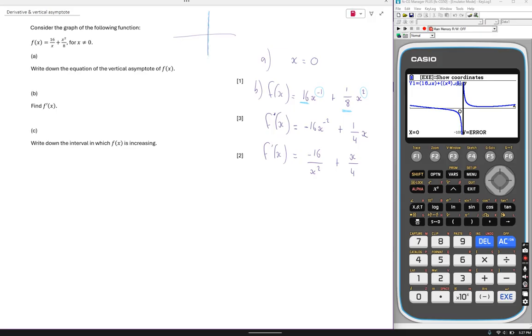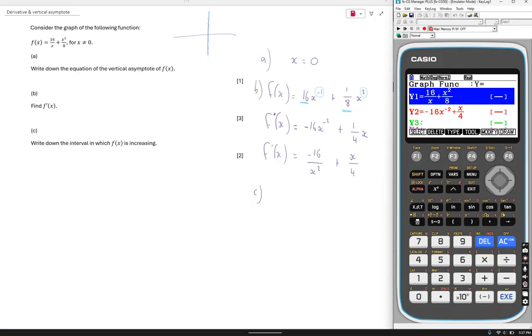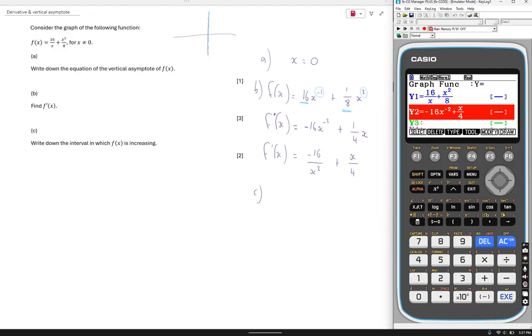So that's part B. Part C, it says, write down the interval for which f of x is increasing. Well, I can go to my calculator, and I've already typed this in, but I'm going to type in my derivative. So the derivative that we just worked out from the previous question, I've just typed it in, and you can see on my calculator that's the red function.